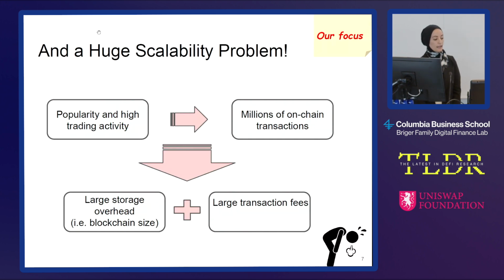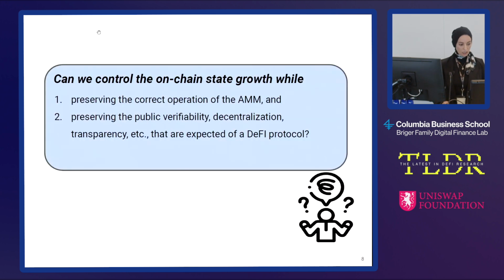Their popularity and high trading activity resulted in millions of on-chain transactions, and this translates to large storage overhead and high transaction fees. At this point, we asked this question: can we control the ever-growing on-chain state of AMMs while preserving their correct operation and, at the same time, preserving the desired features that we require from a DeFi protocol?